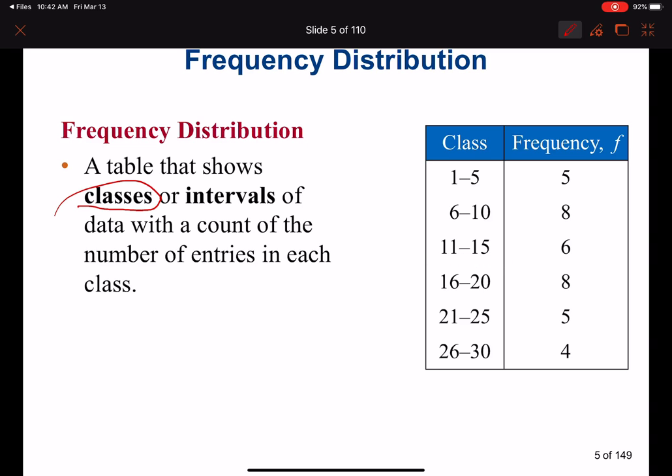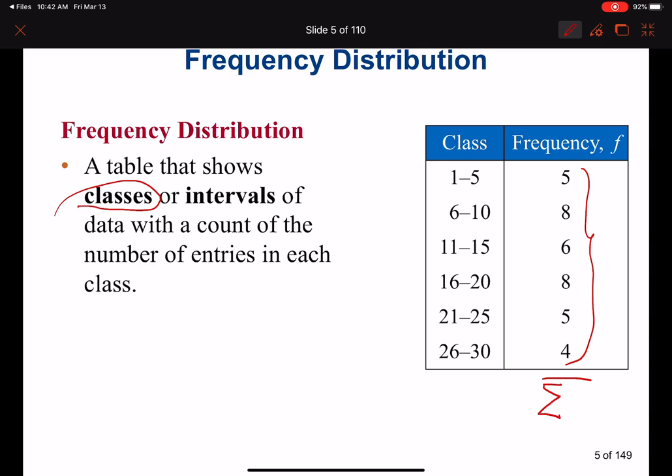So frequency. Obviously, if we add up all these frequencies, we will get the number of people in the database, right? By the way, when we add them up, this symbol is called summation.